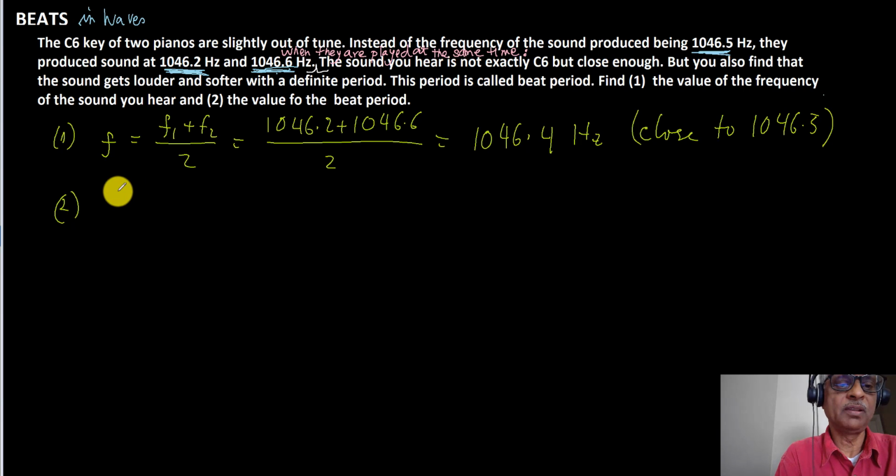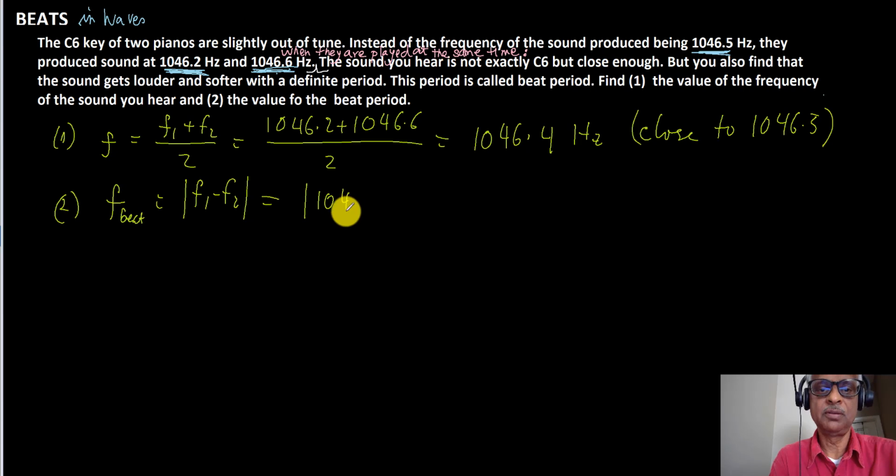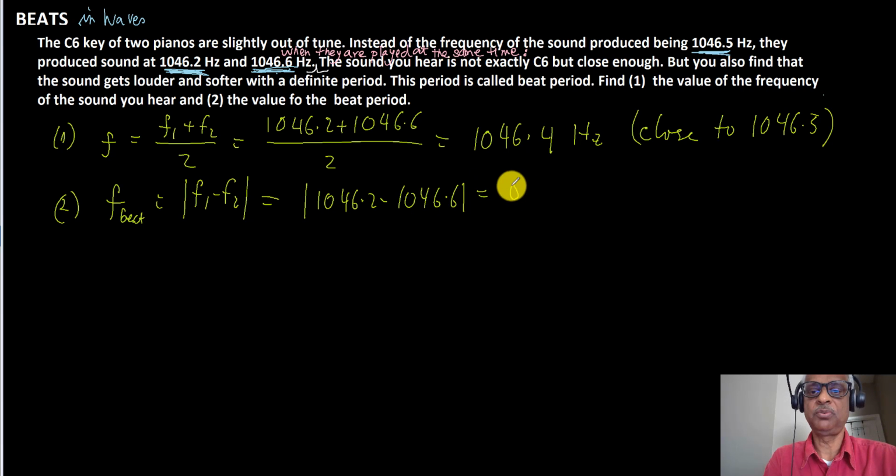And f beat will be not the difference divided by 2, just the difference. And there's a reason why that's just the difference. And when you see the derivation, you will know why. Okay. And this is going to be 1046.2 minus 1046.6. So the difference is 0.4 hertz.